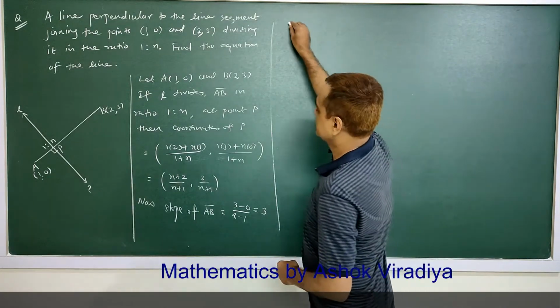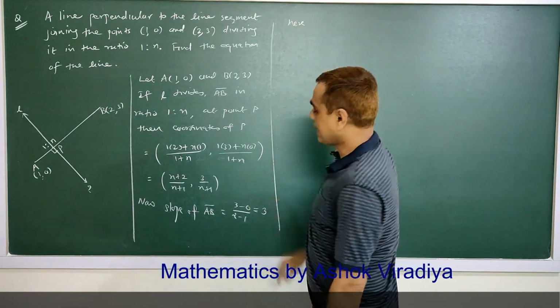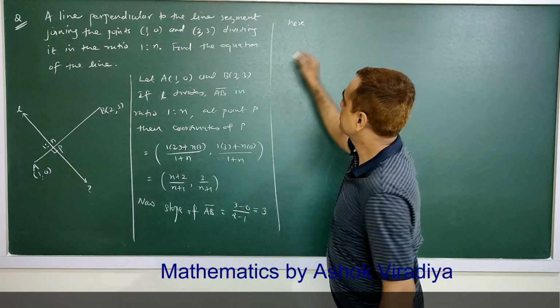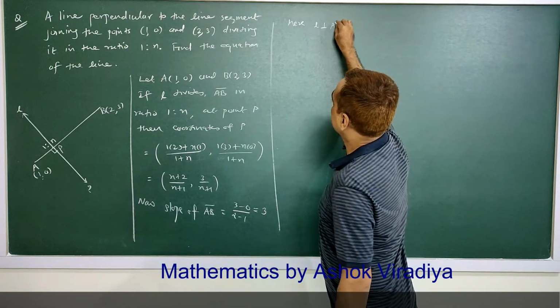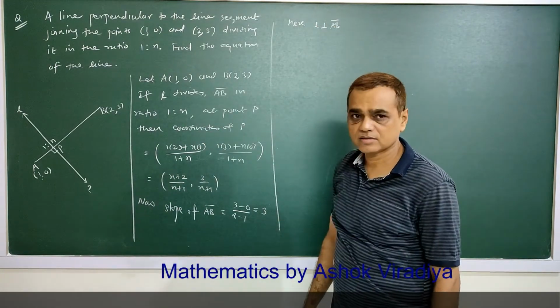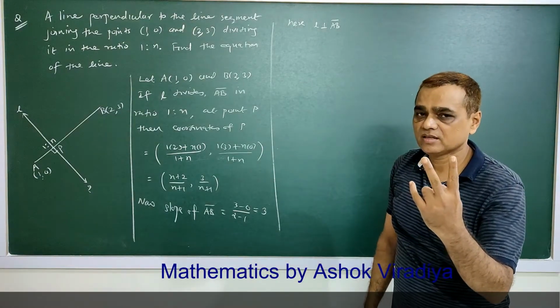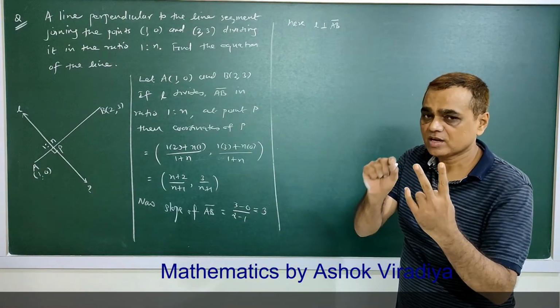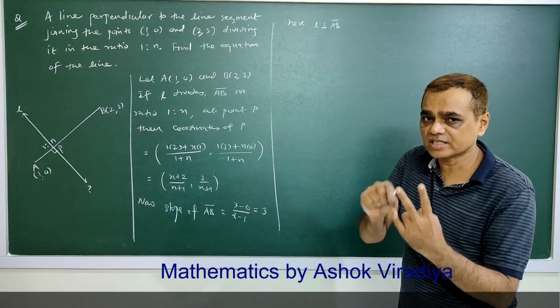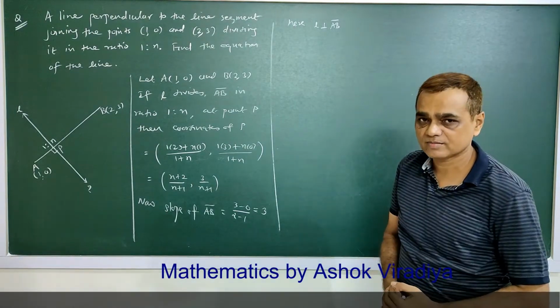Given that L is perpendicular to AB, when we have two perpendicular lines, the product of their slopes is -1.